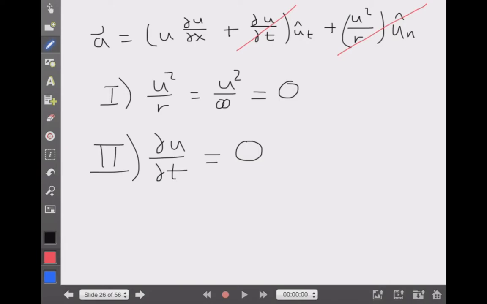Now, the third term here is, let me get a black pen. The third term is u du dx, and this is not going to be 0 because we know that u is a function of x.